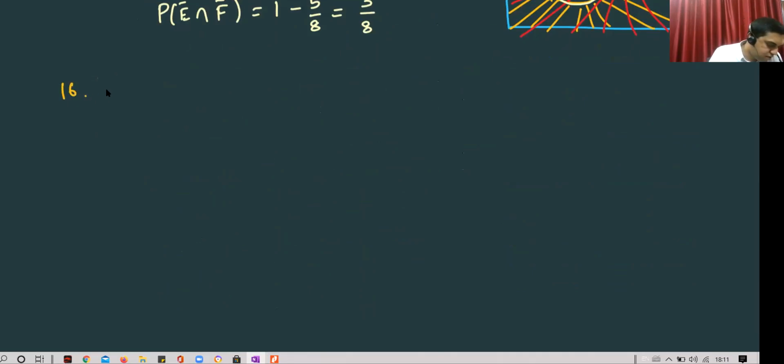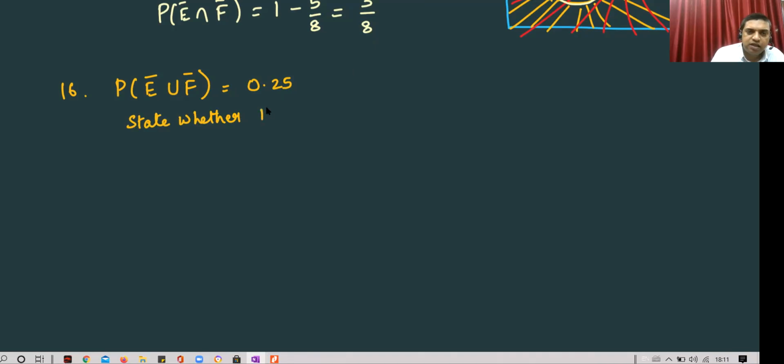E and F are events such that P of not E or not F, okay, now it is or, P of not E or not F is equal to 0.25. State whether E and F are mutually exclusive.